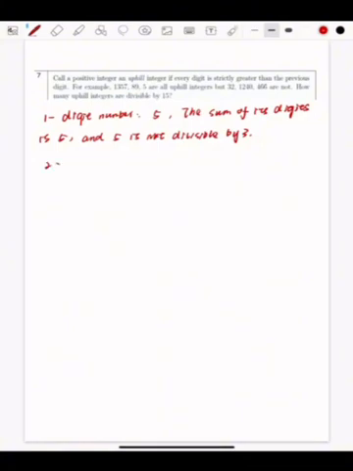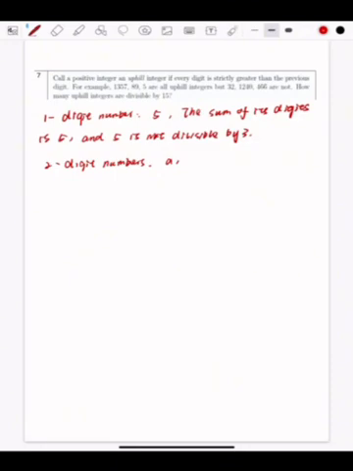And here for the 2-digit numbers, we can let A be 1, 2, 3, 4, and the numbers are 15. The sum of the digits is 1 plus 5 equals 6, and it is divisible by 3.